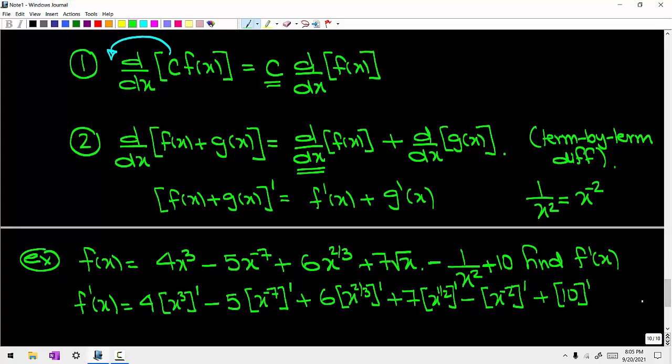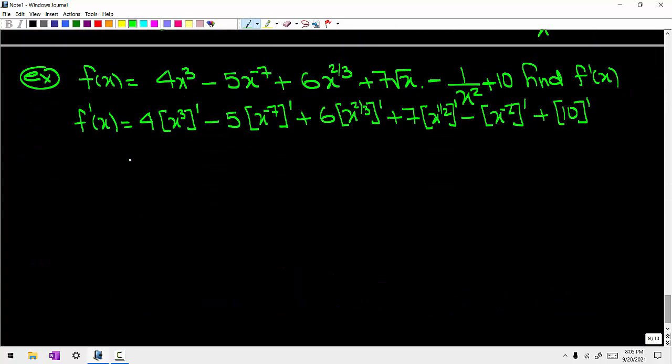All we've done is use this property and this property, which tells us that I can take the derivative term by term, and I can also pull constants outside my derivative. Now let's do that. Since this is a power function, the 3 will come in the front and the exponent will decrease by 1.